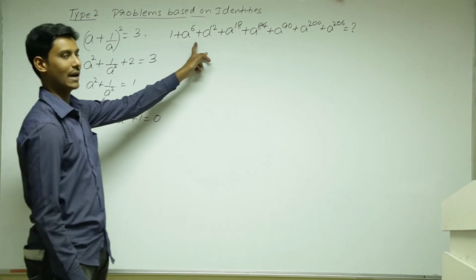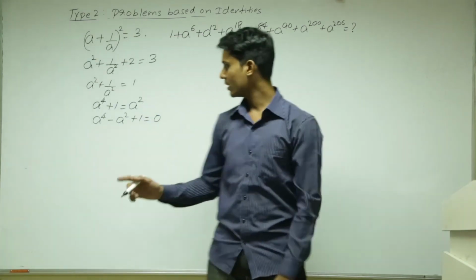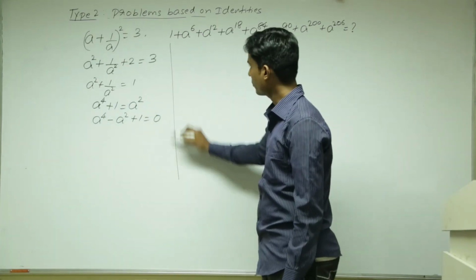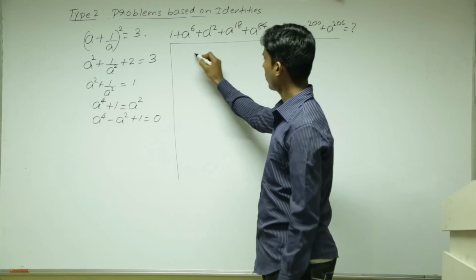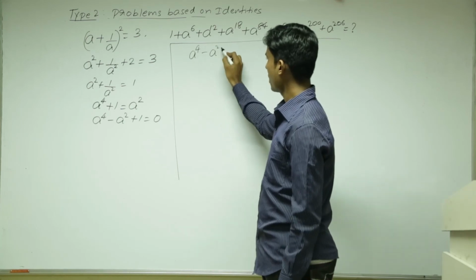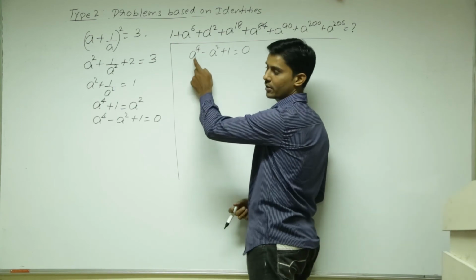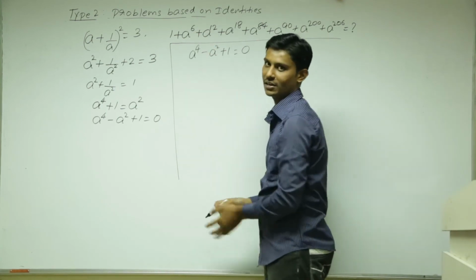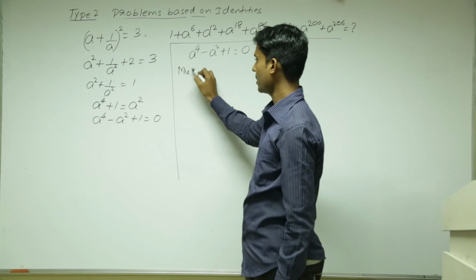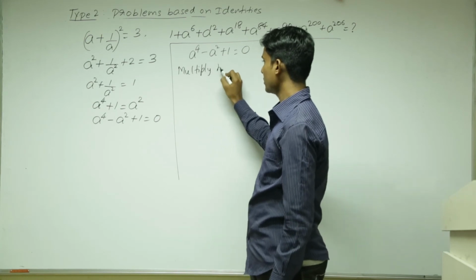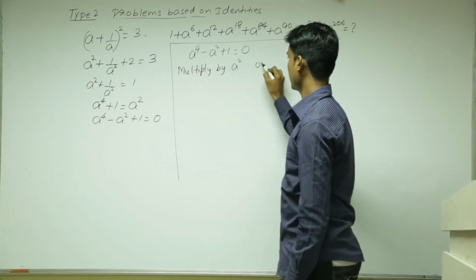I need to find this value. Now listen to this carefully. The equation which I got is a power 4 minus a square plus 1 equal to 0, right? Now see here, I have a power 4 term, but I need to get a power 6 term. That means multiply by a power 2 on both sides.